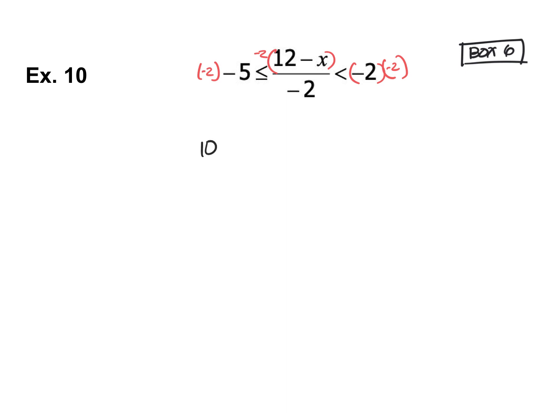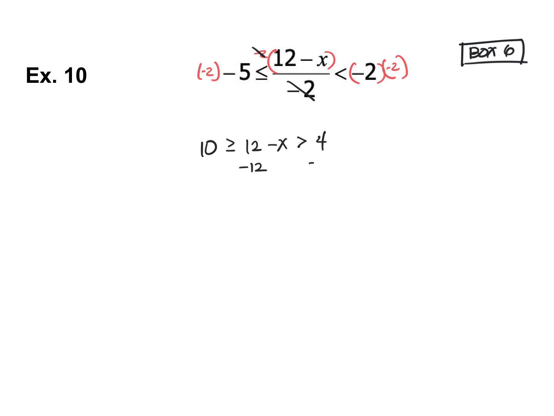So I have 10 is greater than or equal to 12 minus x, because these cancel, which is greater than 4. Notice that I also reverse my inequality because I am dividing by a negative on all 3 sections.